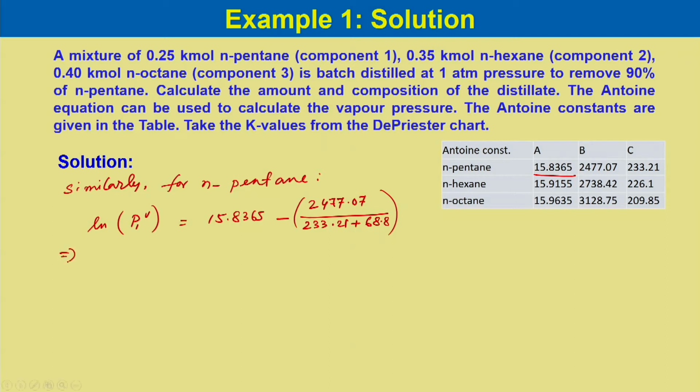Now, from here we can obtain ln P1V is equal to 7.634, and hence we can get P1V is equal to 2068.44 millimeter Hg, which would be about 2.756 bar.